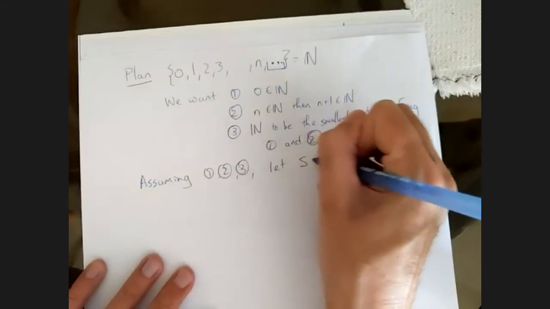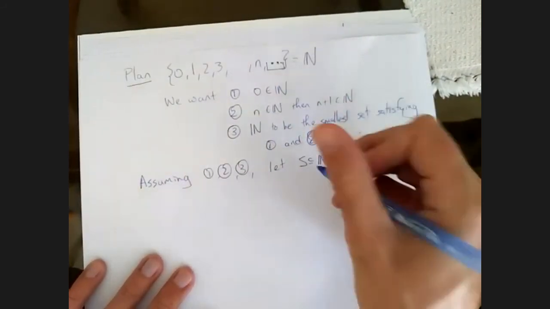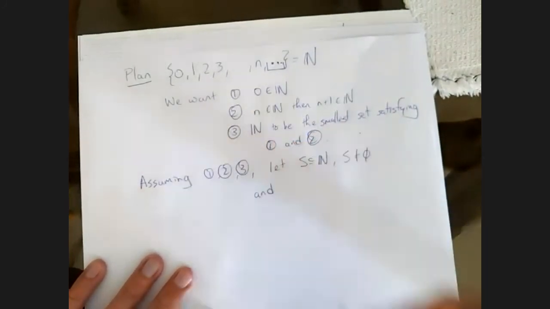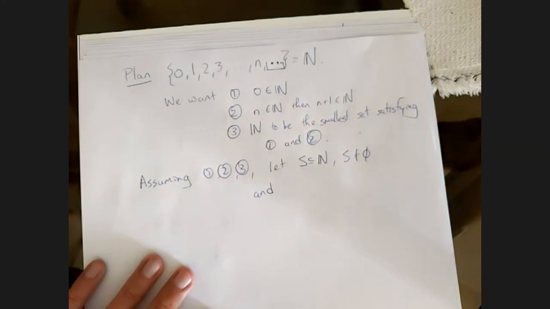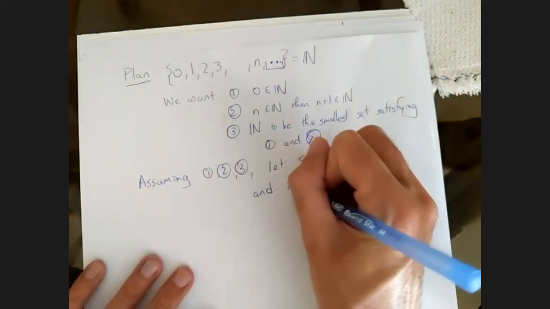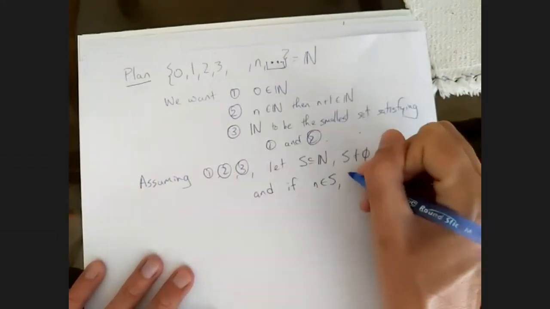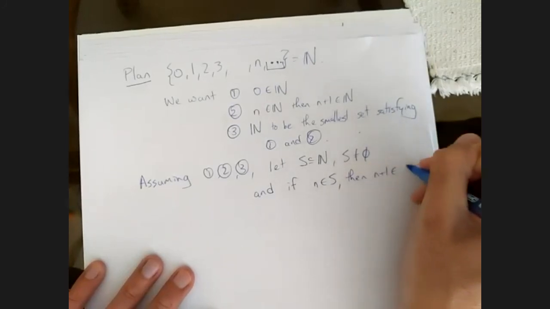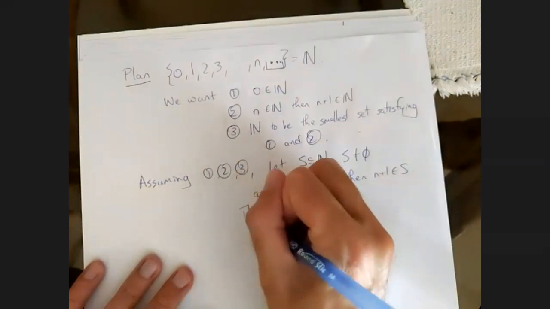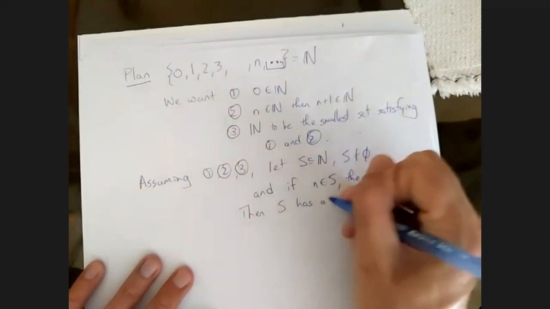Let S be a subset of natural numbers, which is non-empty. And if n is in S and n plus 1 is in S, then S has the least element.